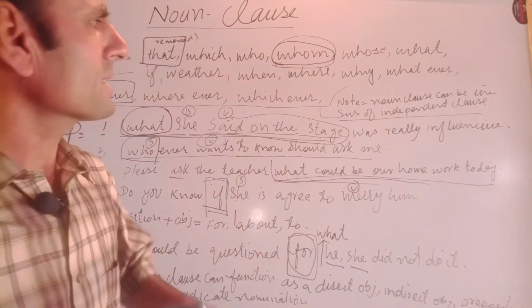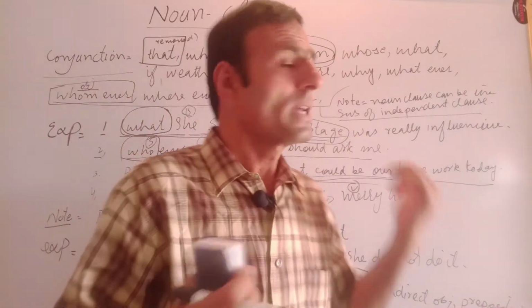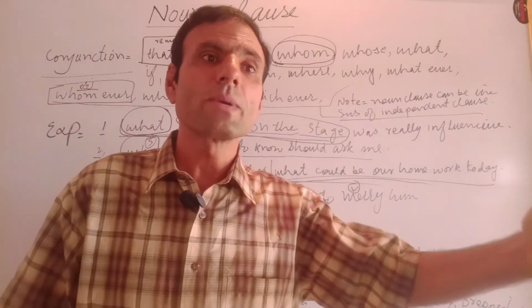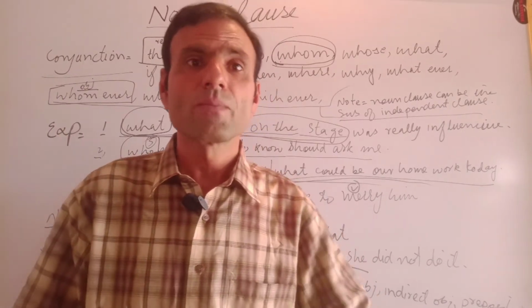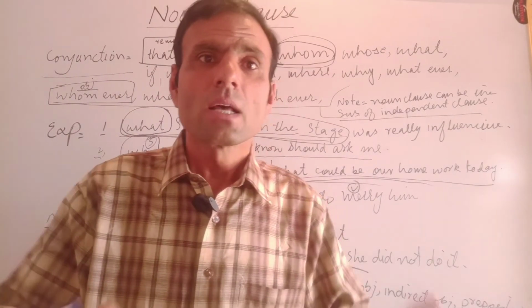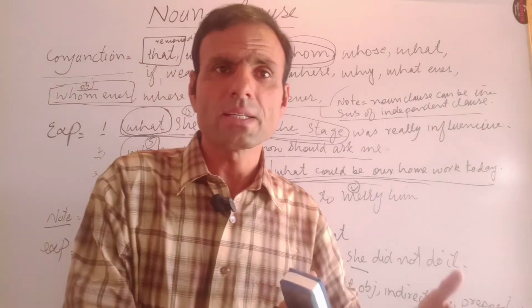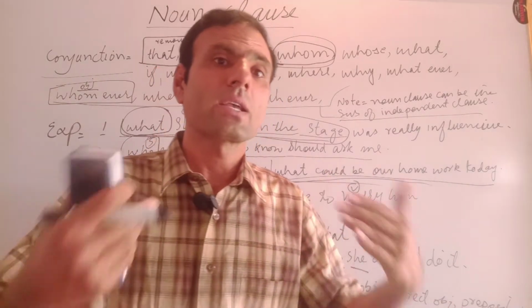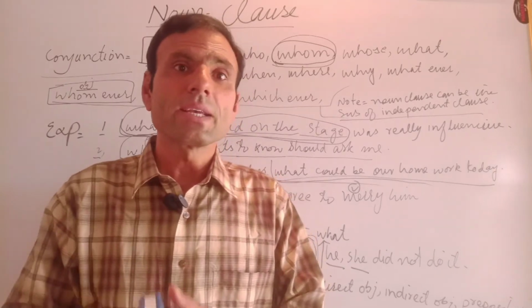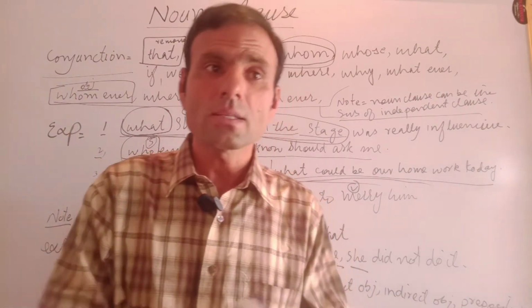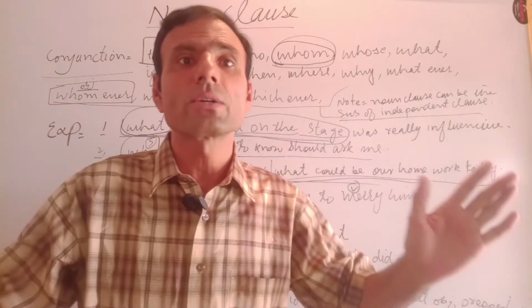Okay, a noun clause can be the subject of an independent clause. What is an independent clause? An independent clause is a clause that can stand by itself and give a clear meaning, and it doesn't need other clauses or material to clarify its meaning.